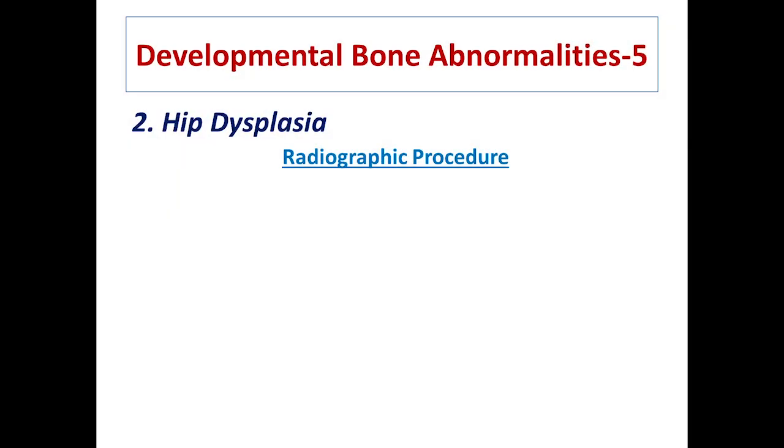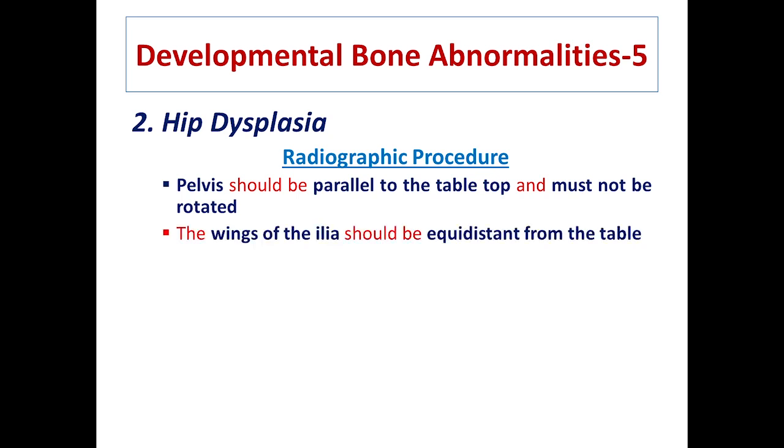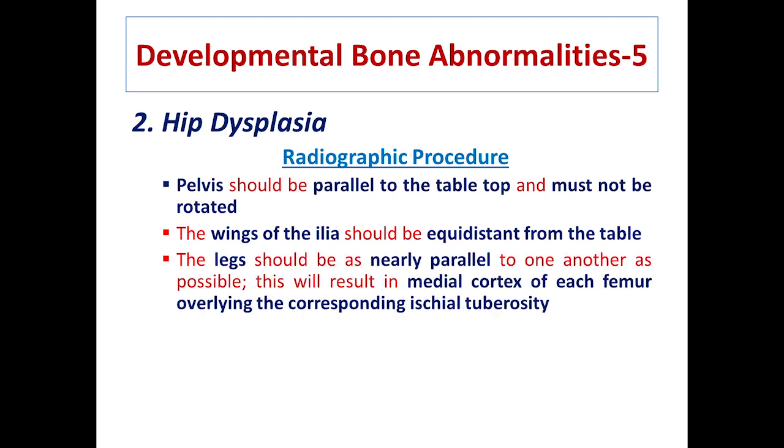Other precautions during the radiographic procedure are that the pelvis should be parallel to the tabletop, and the wings of the ilia should be equidistant from the table for proper alignment. The hind legs should be parallel to one another, in such a way that the medial cortex of the femur overlies the corresponding ischial tuberosity.